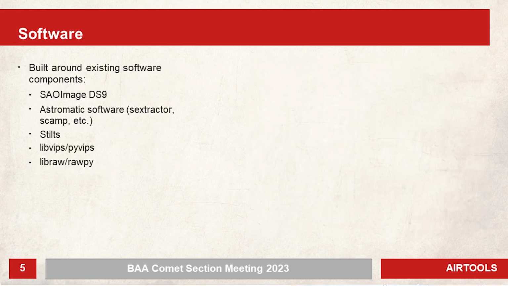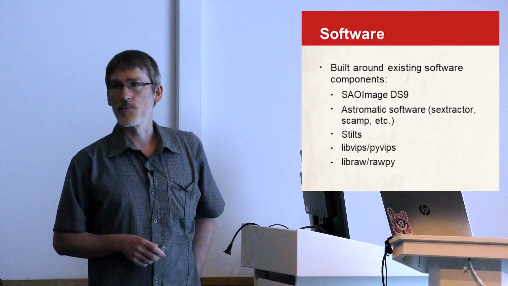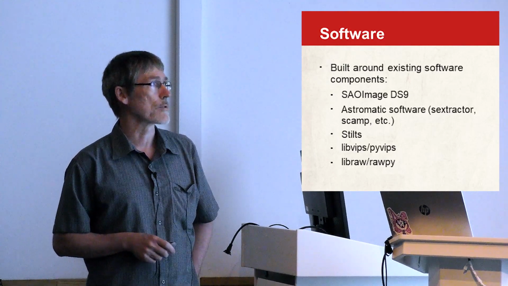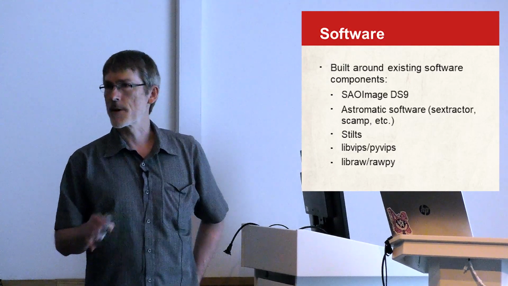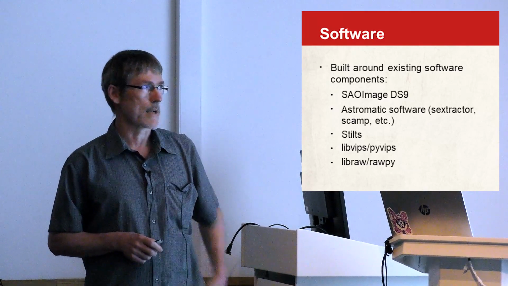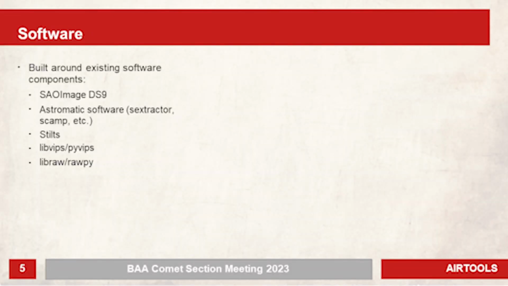For the software I didn't want to reinvent the wheel and start everything from scratch, so I'm using software which has been well established in professional astronomy, like SAOImage DS9 for displaying and analyzing image data, and for example the Source Extractor from Emmanuel Bertin in the Astromatic software package, and a few other things.